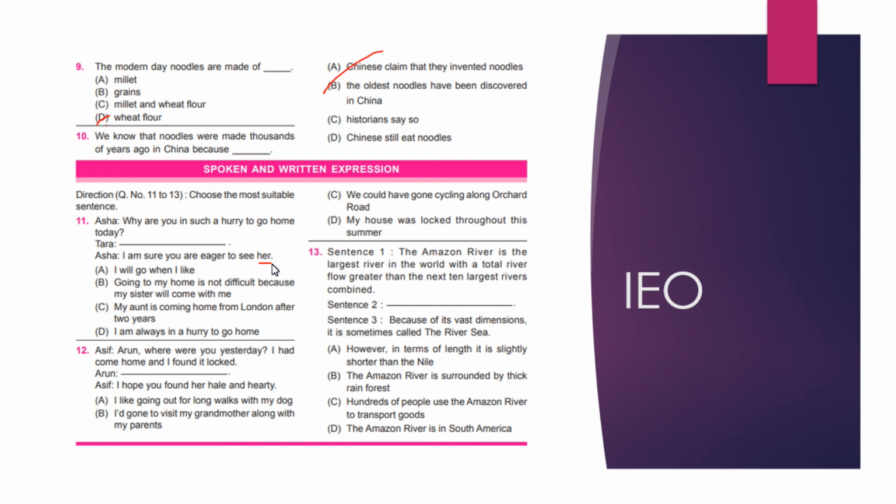Oh, this is something. This can be the answer or cannot be the answer. I don't know. It is not the answer. My aunt is coming home. Yeah, aunt can be her. So it's correct. She is correct.